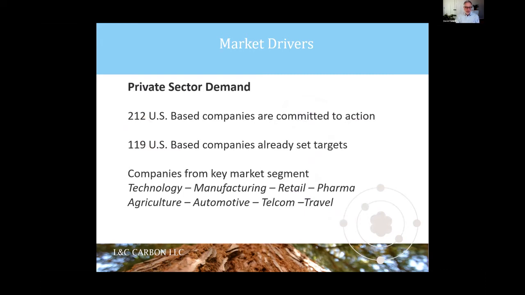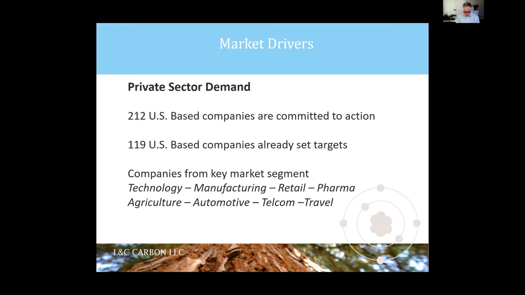Here in the U.S., of those companies that I just listed, there are 212 U.S.-based companies that are committed to specific actions and 119 that have already set targets. And these companies are some of the largest global companies in the world, coming from a whole range of key market segments, including technology, manufacturing, retail, pharmaceutical, agricultural, automotive, telecom, travel.